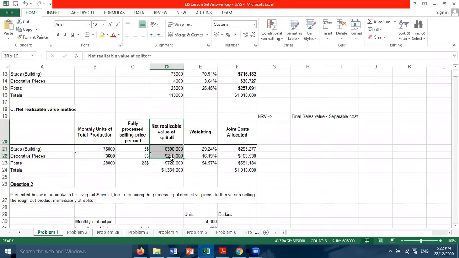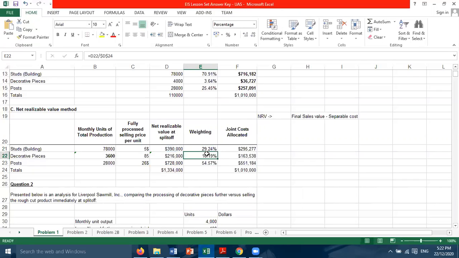Now, after we got all the net realizable value, we just sum it up. And once again, all we need to do is calculate the weighting. Simply, let's say, for example, studs is 390,000 net realizable value. We just divide it by the total net realizable value of all the joint products on the joint process. Then we'll get 29.24%.